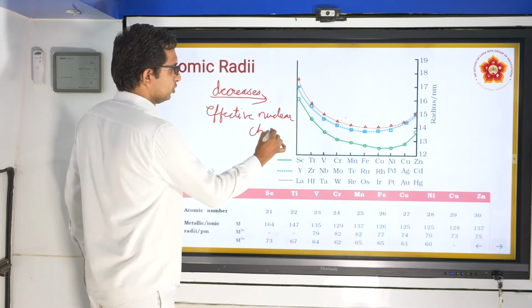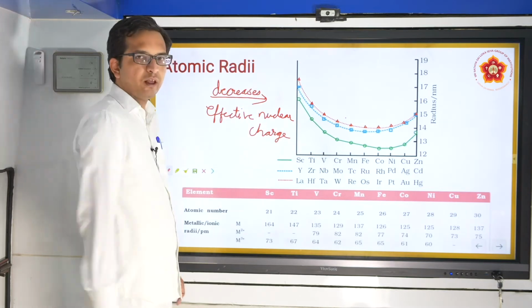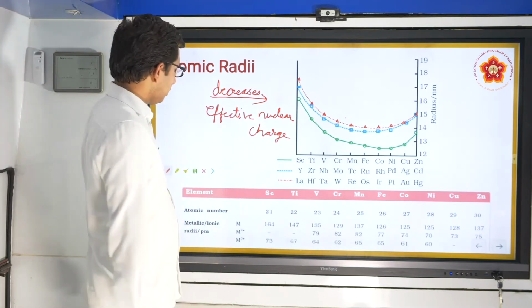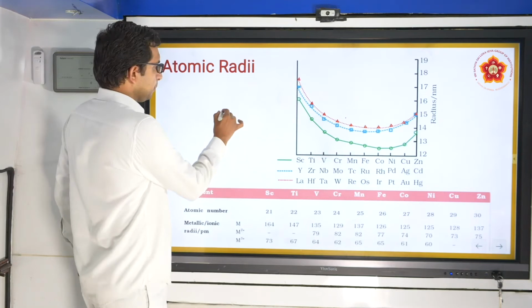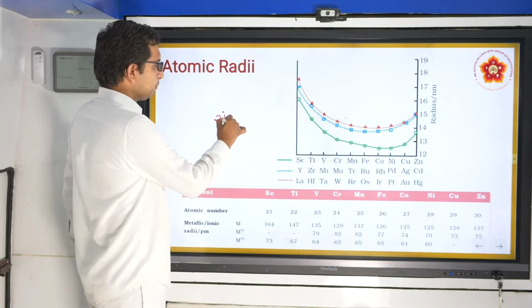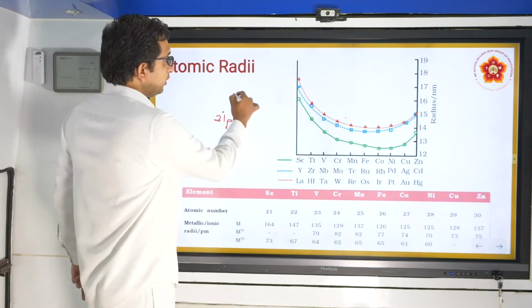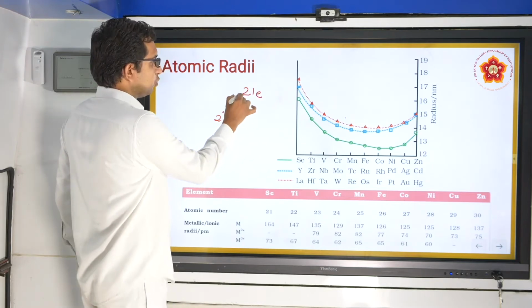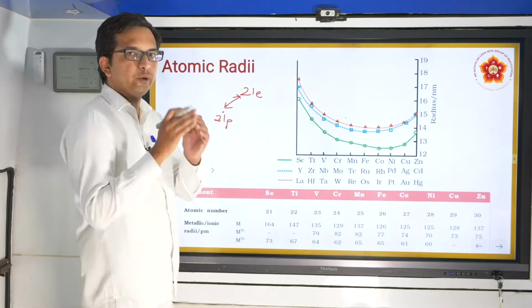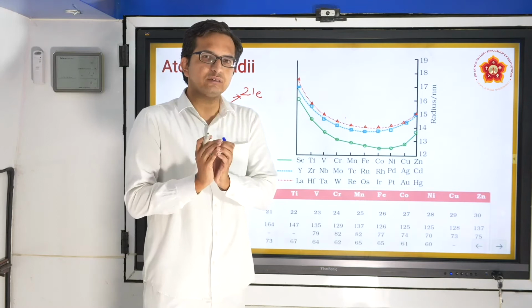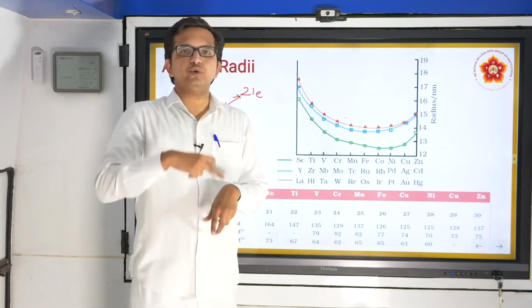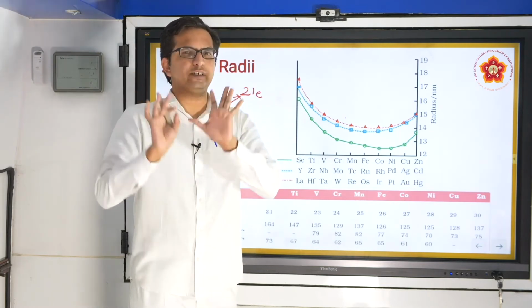What is this effective nuclear charge? As we go about, we realize that scandium has 21 protons in the nucleus and 21 electrons, so there is a good amount of attraction between the 21 protons inside the nucleus and the 21 electrons outside, which are not concentrated at a place.